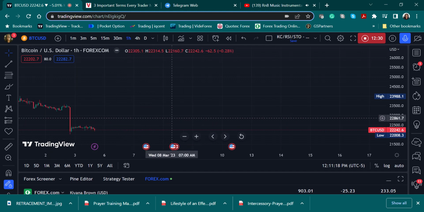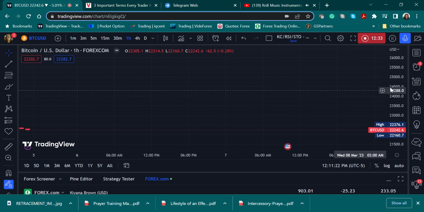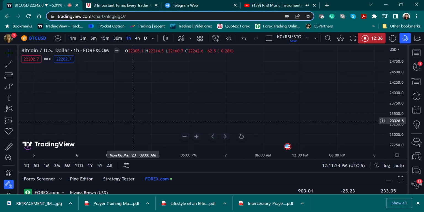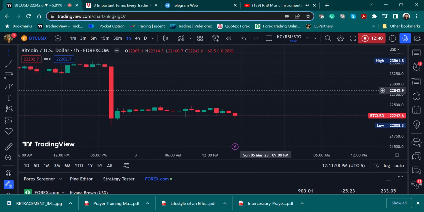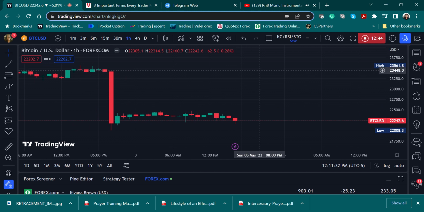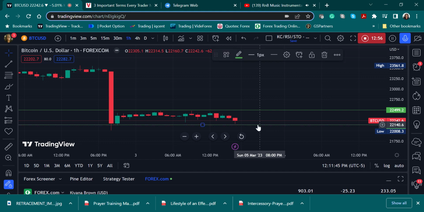So we're going to do what we call horizontal support and resistance. We know that resistance is here, this is our area, and here's our support, and here's our resistance.